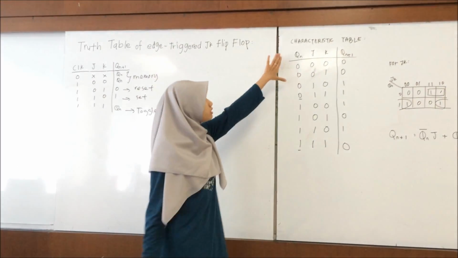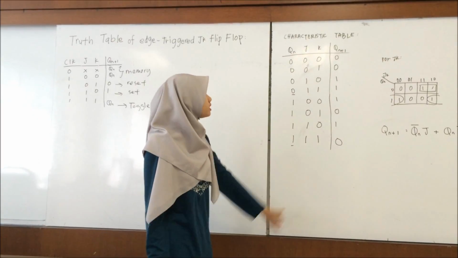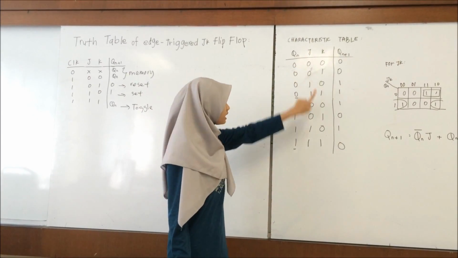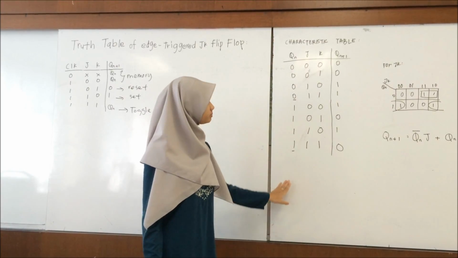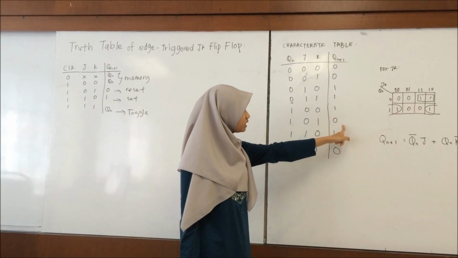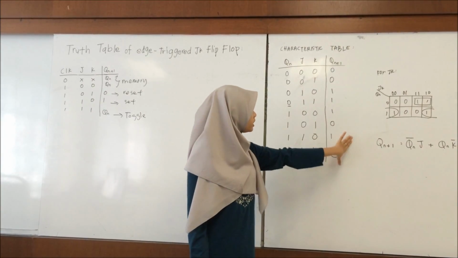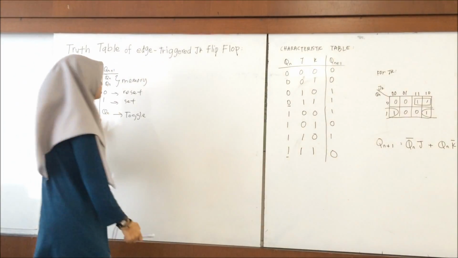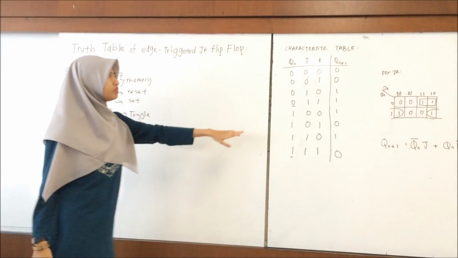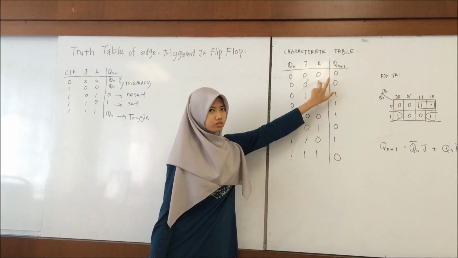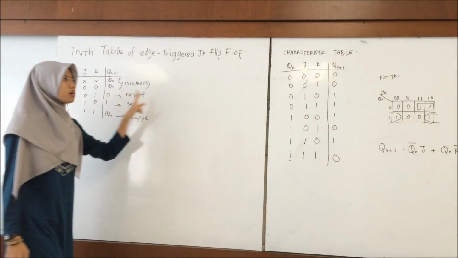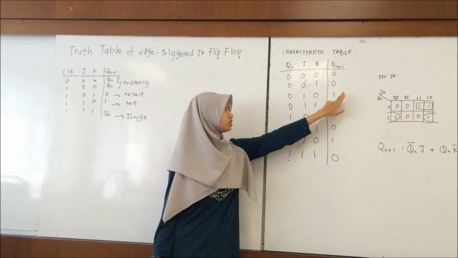And then we will go to the characteristic table. After we list 0 0 0 until 1 1 1 conditions, we will get the result 0 0 1 1 1 0 1 0. It is based on this truth table. 0 0 we will get 0, and then if 0 1 the result is 0.